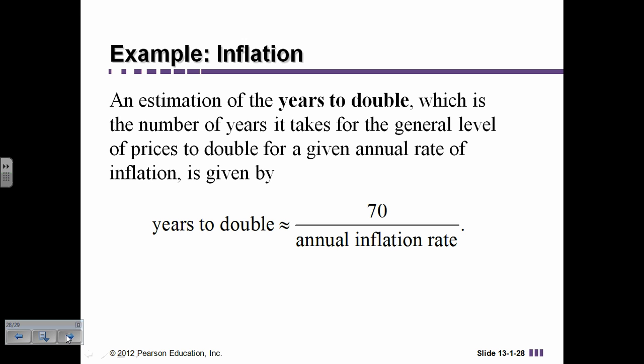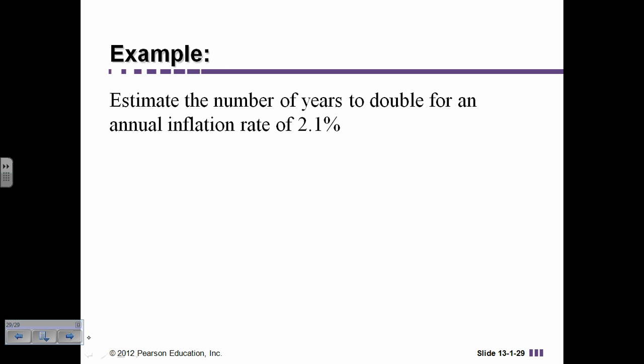All right, so then the next example would be, how many years would it take for the price of something to double? And the formula that we give for that is the years to double equals 70 divided by the annual inflation rate. So if we look at an example, estimate the number of years it would take to double for an annual inflation rate of 2.1%.